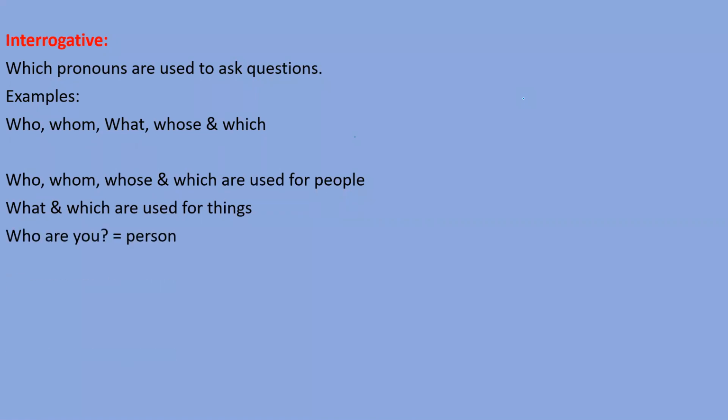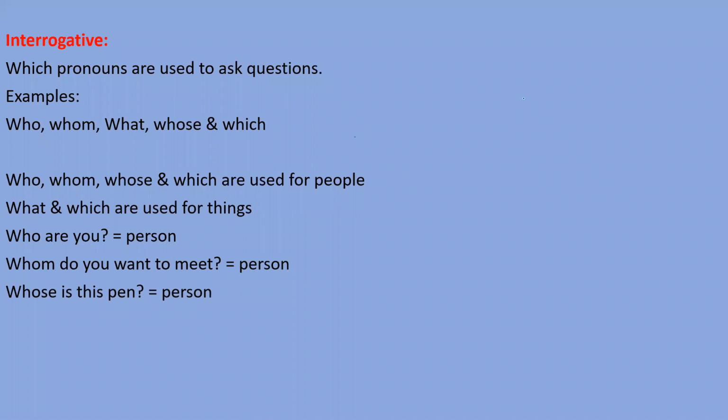Suppose I say, who are you? It means I'm talking about a person, so we can use "who" for a person, right? See the next example. Whom do you want to meet? I want to talk about a person. जिसको तुम मिलना चाहते हो एक person होगा. So for a person we can use who and whom. Next example. Whose is this pen? I want to know the owner of that pen, who that pen belongs to, right?